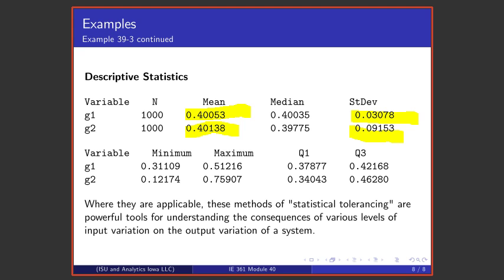Very important engineering design tools, important for making products that are not highly variable, by making intelligent choices about variation budgets, tolerance budgets for the components of those products.